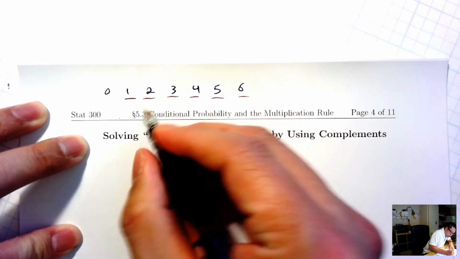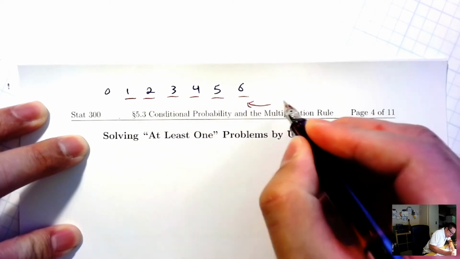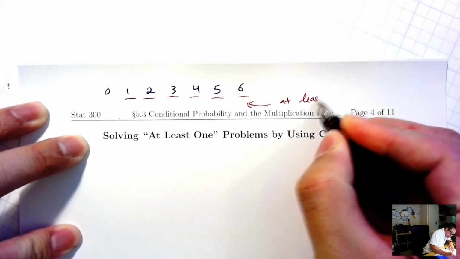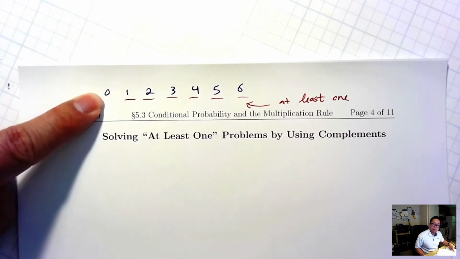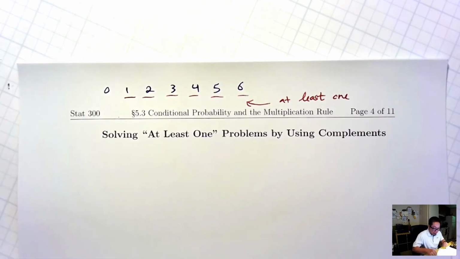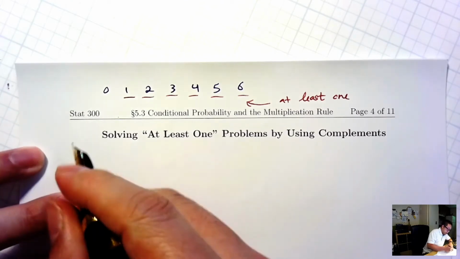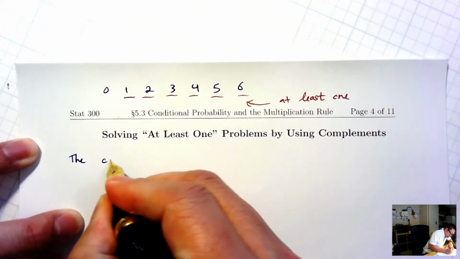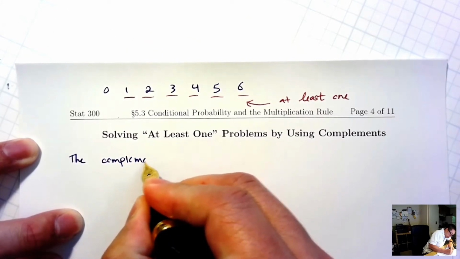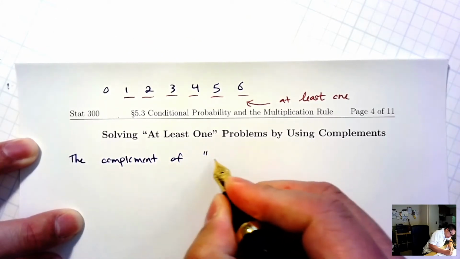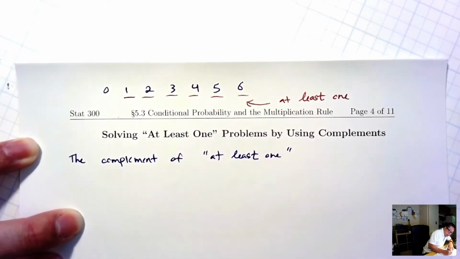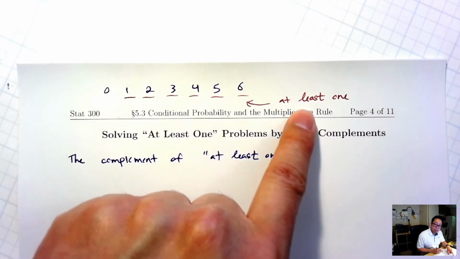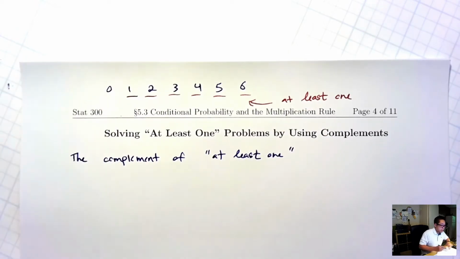All of those numbers are at least 1. Which means what number is not at least 1? 0. So the key point I want to make here is that the complement of at least 1 is none.